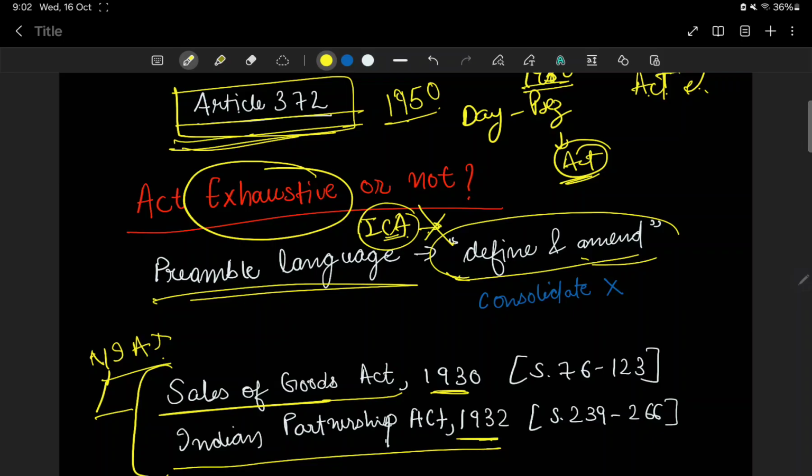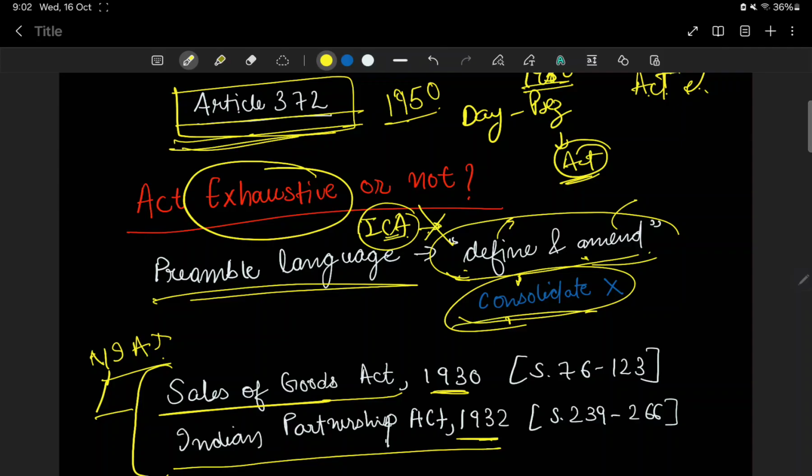That means the preamble says that the Indian Contract Act is to define and amend the law of contract. It is not saying that the act is to consolidate the law of contract. Define means that it defines some things, and it amends some things, but it does not consolidate.